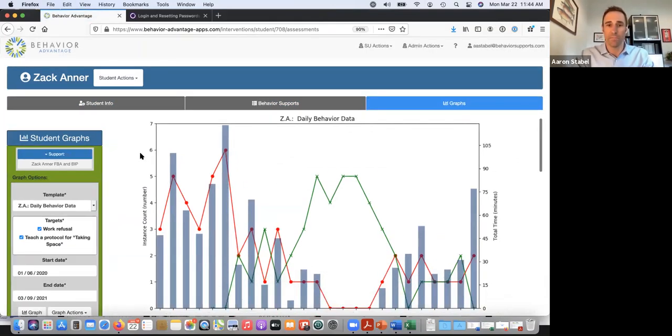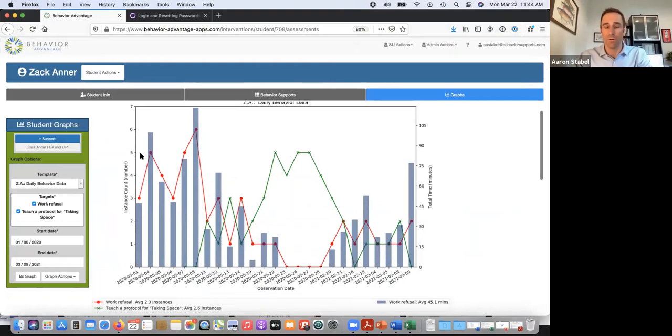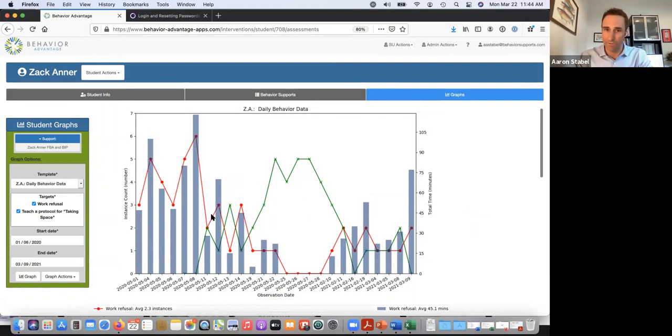And we might see something like this over time, where we're just very simply documenting when Shane or Zach start engaging in work refusal behaviors and when they stop. That gives us a simultaneous frequency and duration data collection tool. And then is the student using their replacement behaviors? And these are the graphs that Behavior Advantage automatically generates that can help us determine if our plan is working and what to do next.